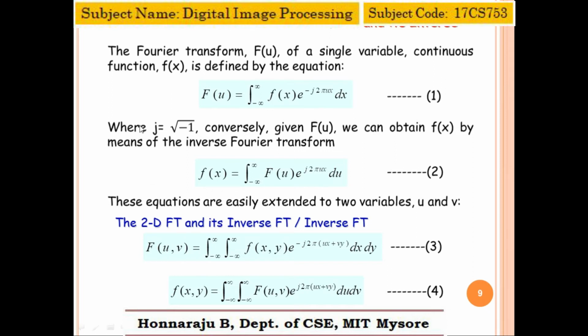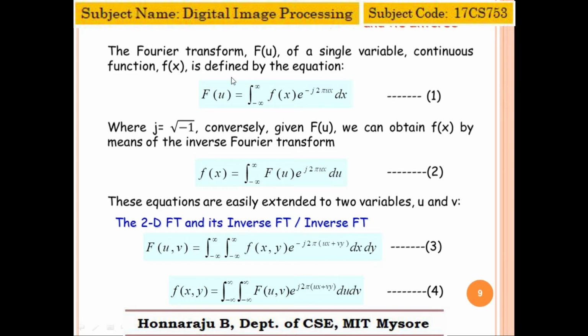Now in 1D, a Fourier transform is represented by F of u, a single variable u, for a continuous function f of x, defined by F of u is equal to the integral from minus infinity to infinity of f of x into e to the power of minus j 2 pi ux dx.